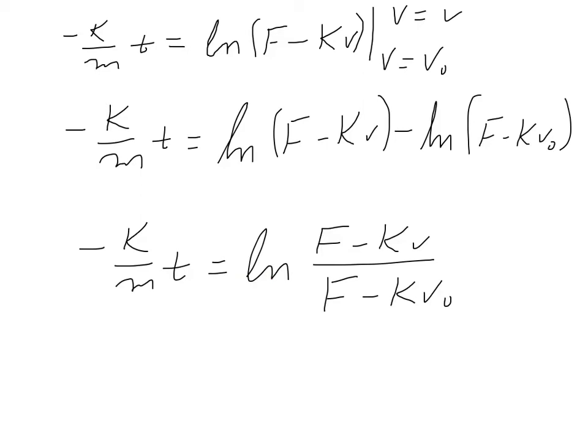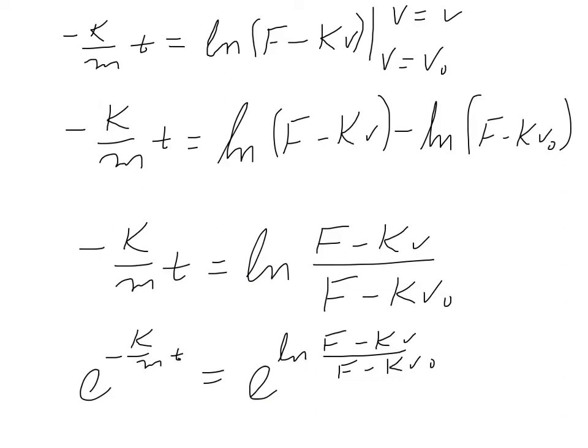You might remember that to cancel out a natural logarithm, you raise it to the power of e. That's called exponentiation, so I'm going to exponentiate both sides of this equation: e to the minus k over m t, and e to the natural log of f minus kv over f minus kv.